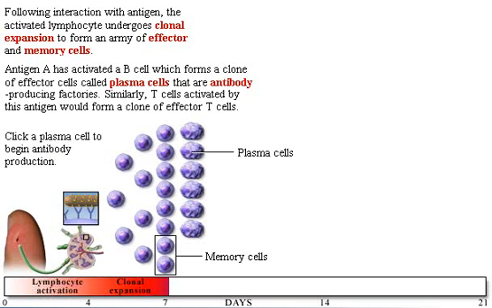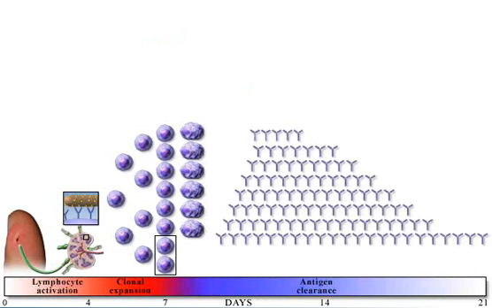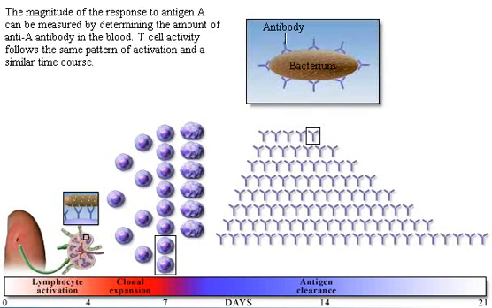Click a plasma cell to begin antibody production. The magnitude of the response to antigen A can be measured most easily by determining the amount of anti-A antibody in the blood. T cell activity, while not as easily measured, follows the same pattern of activation and a similar time course. Click the antibodies to measure their concentration over time.